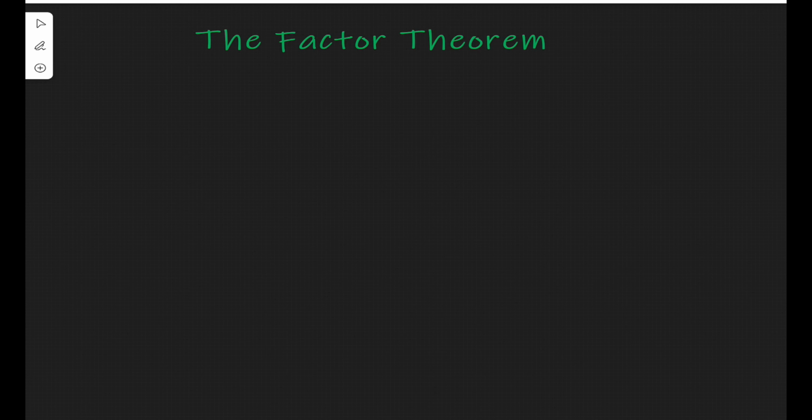The best application of the lesson is the factor theorem. This theorem allows us to factor a polynomial. So let's have the following question. F of x equal to x to the power 3 minus x squared minus 41x minus 20.